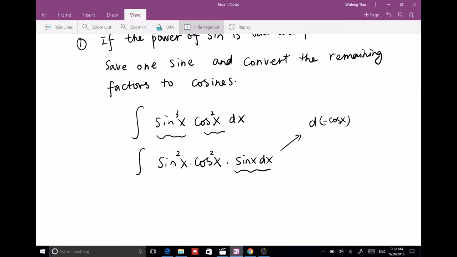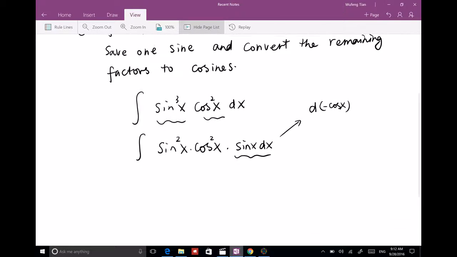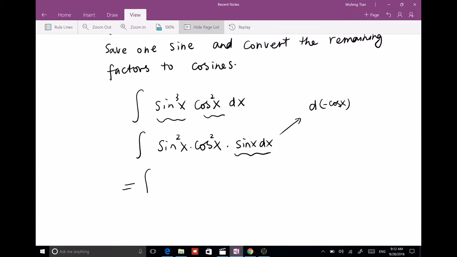So you can break this odd power into another additional sine, put one sine x here, and use that as d of negative cosine x. You can see that, right?